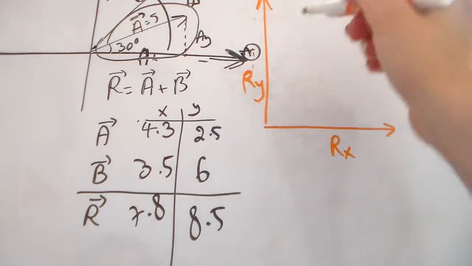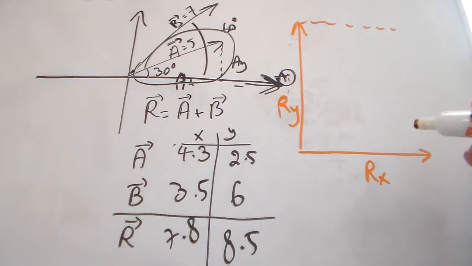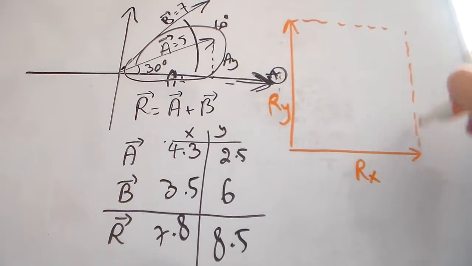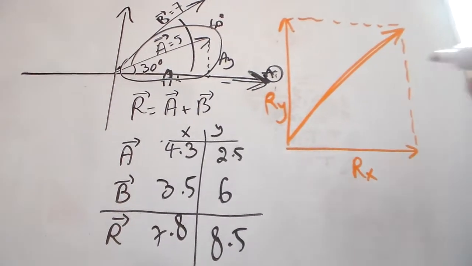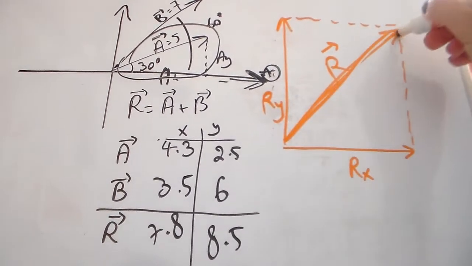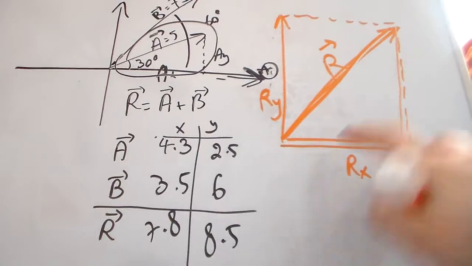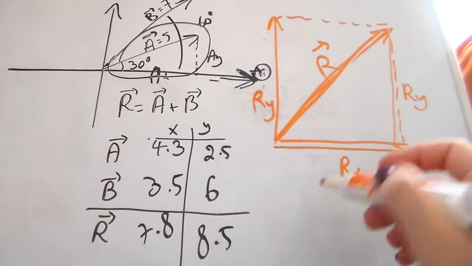So this is R_y. Then this is how we draw the whole R. Here is R. If you take a look at this triangle, you'll see this is R_x, this is R_y, and this is going to be the hypotenuse.